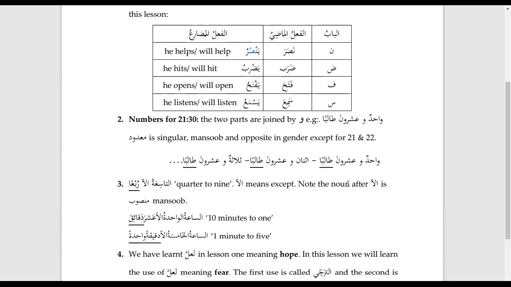And we know that noun and adjective are always equal in number and gender. 21 and 22 will not be like murakkabat. It will be ithnani wa ishruna taliban, because here the ma'dud will be mansub. So wahidun, but for 21 and 22, they will be equal in gender.